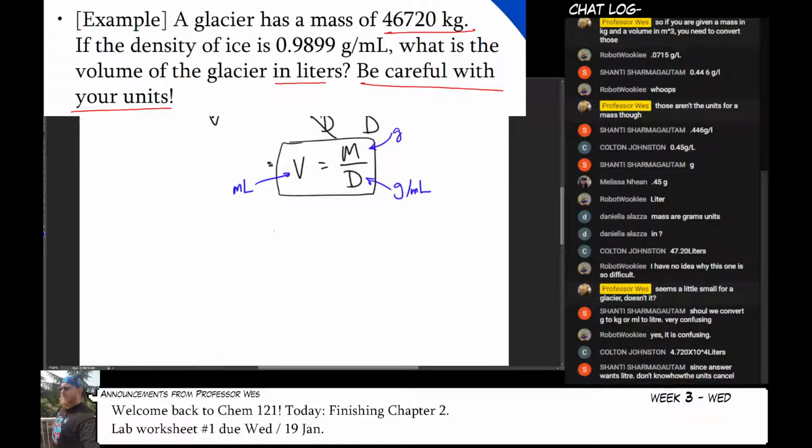So we need to first turn the mass into grams. So we have this. Here's our mass in kilograms, and we need that to be in grams, right? So we should know how to do that, because you could set up your units like this and then say a kilogram is 10 to the 3 grams, and that'll be your units in grams.